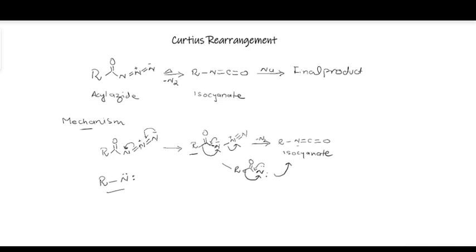So experiments have shown that this thermal decomposition of acyl azide to isocyanate is a concerted process, which means that this nitrene is not formed while azides are converted to isocyanate.